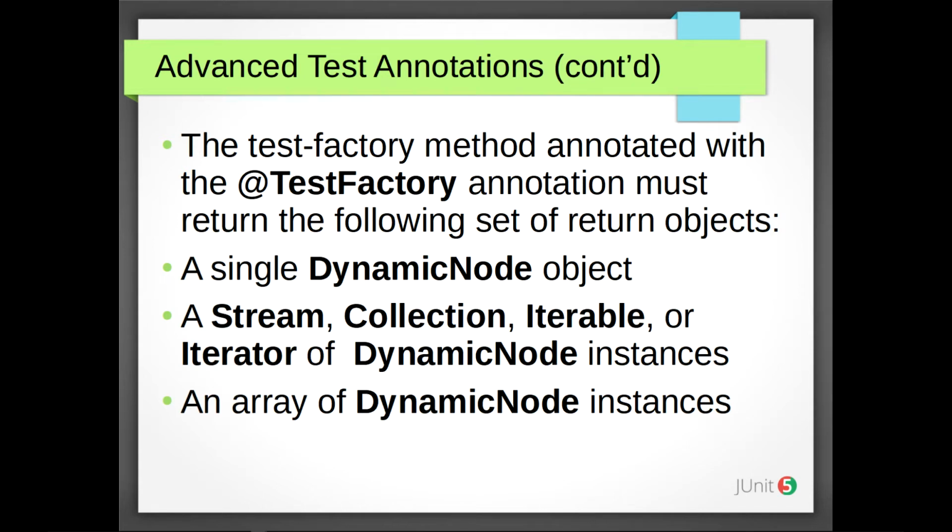And so I'm going to make a 30-second pause for you to write all of those things out. For example, DynamicNode, Stream of DynamicNode, Collection of DynamicNode, Iterable of DynamicNode, Iterator of DynamicNode, array.